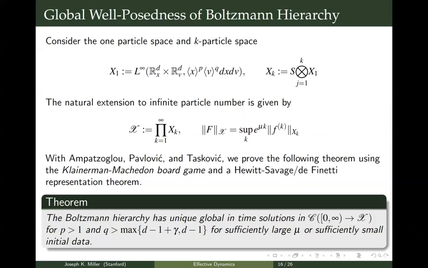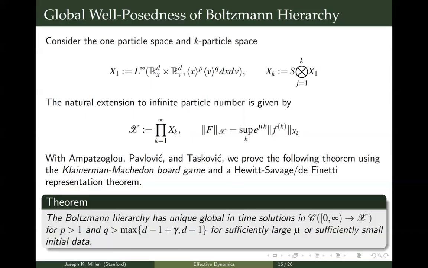In joint work with Joachim Ampatzoglou, my advisor Natasa, and Maja Taskovic, we can show, using this Klainerman-Machedon board game argument, abusing that a lot of these diagrams look the same, that you can rearrange the sum before doing a triangle inequality to show that this Boltzmann hierarchy has unique global solutions for all time in the space, if my weight is strong enough, so greater than 1, and the velocity weight q is big enough, where this gamma corresponds to the collision law.